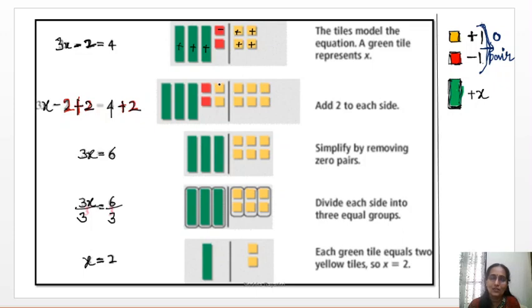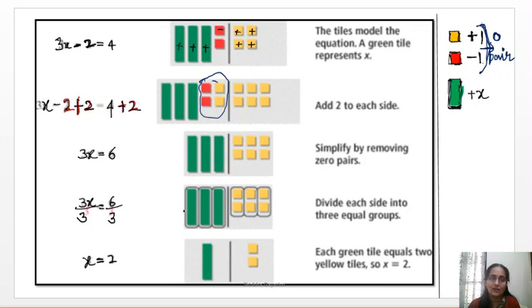So you got now 2 zero pairs, right? 1 zero pair, 1 zero pair. You remove the 0 pairs from the equation. You are left with only 3 strips of x, that means 3x. On the right side, you will get plus 6.